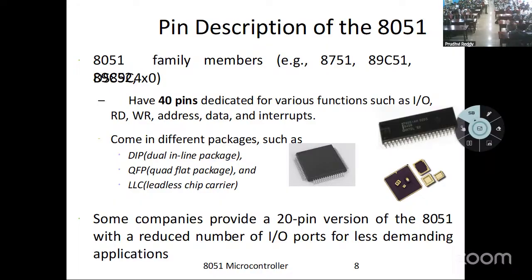So here 20 pins and here 20 pins. That package is called the DIP package. What does dual mean? Two. In line: arranged in 2 lines. That is the dual in-line package.